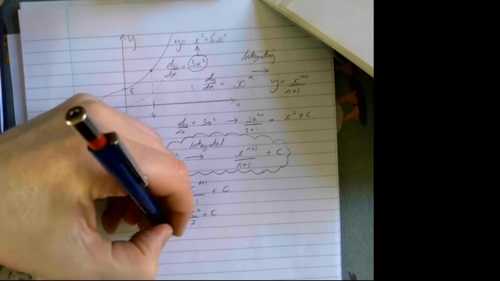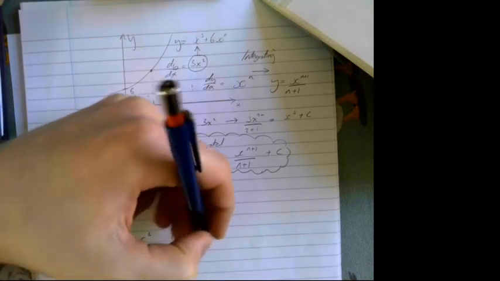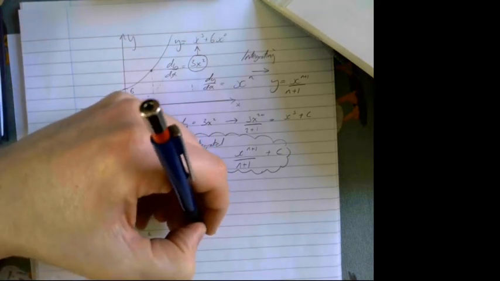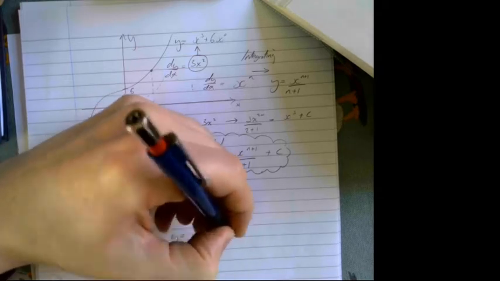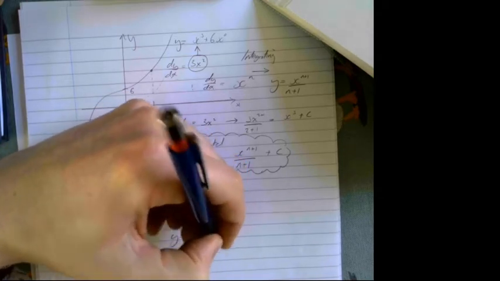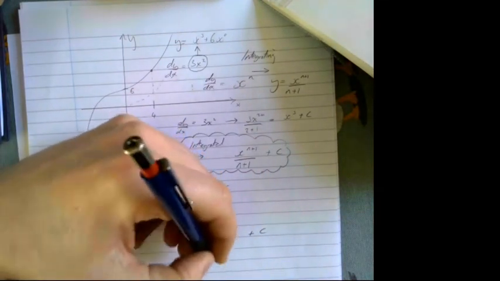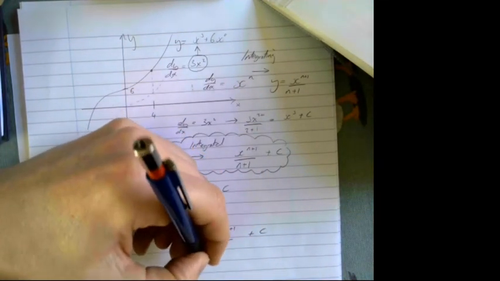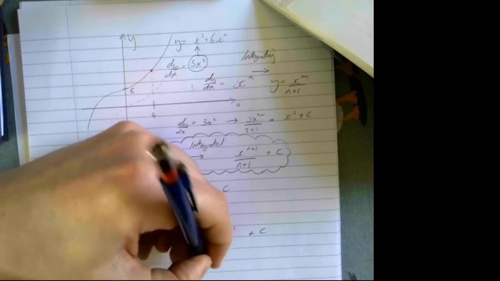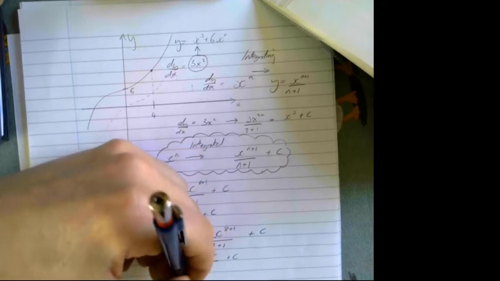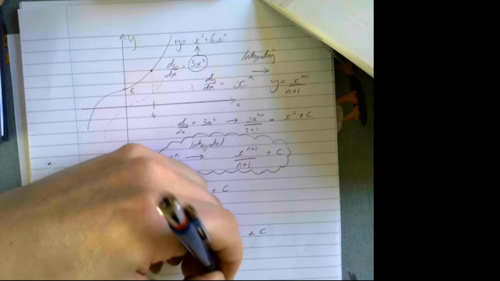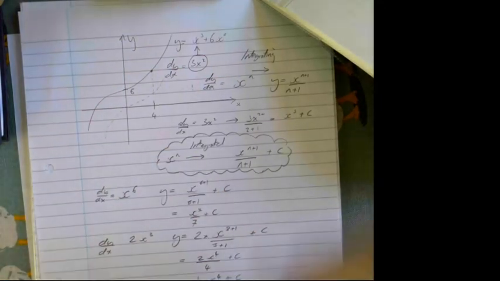I'm going to integrate that to get that the function must have been 2 times x to the power of 3 plus 1 over 3 plus 1 plus that constant of integration. So in other words, I'm going to get 2x to the 4 over 4 plus c, or a half x to the 4 plus some constant of integration.